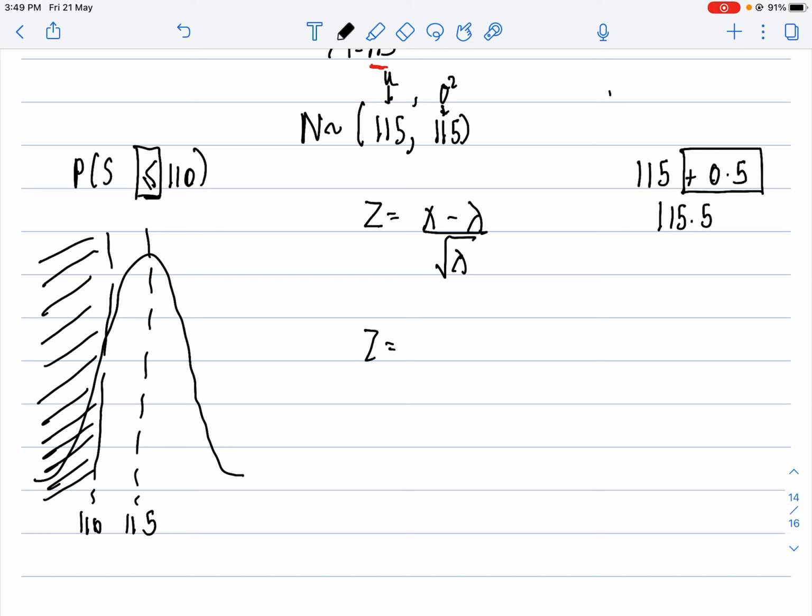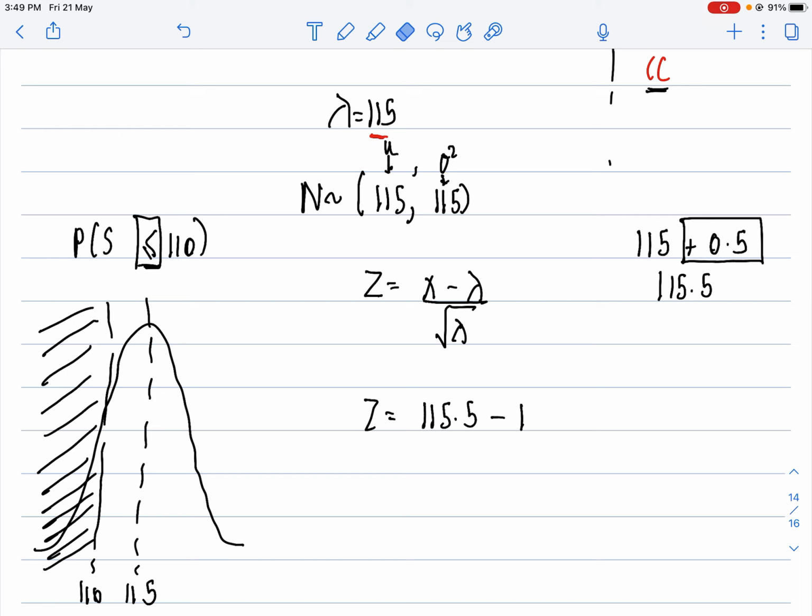z equals to 115.5 minus, actually sorry, my bad, the continuity correction is not added to 115, it will be added to 110. Sorry, my bad, because 110 is your value. So now you basically write this as 110.5.